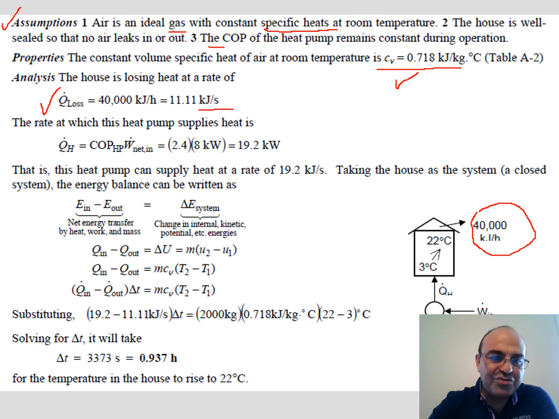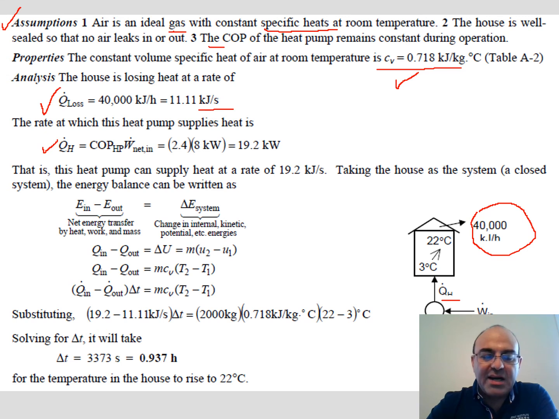All right, so we found Q dot loss through the walls, and since COP is given as 2.4 and also the work required by the compressor is given as 8 kilowatts, we can go ahead and find Q dot H. So this Q dot H, which is also shown here, is the heat provided to the house by this heat pump system. 19.2 kilowatts is given to the house.